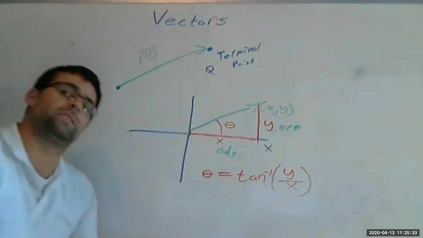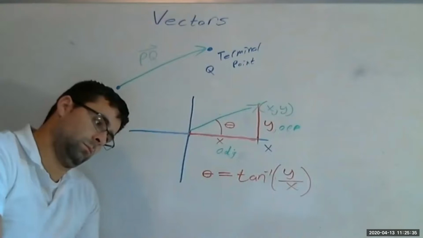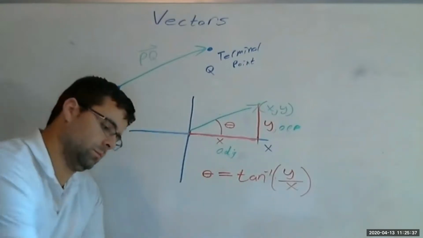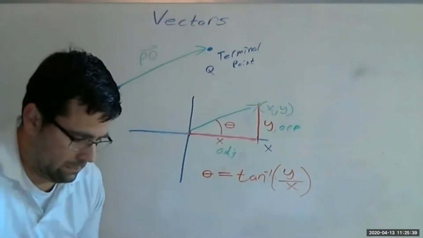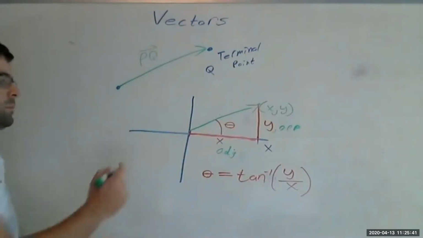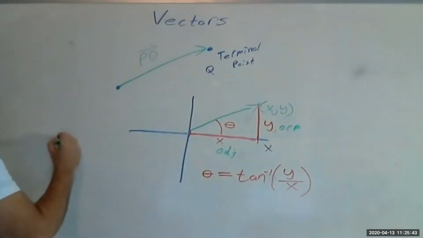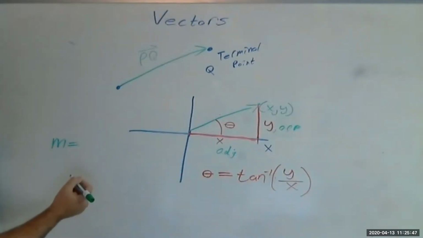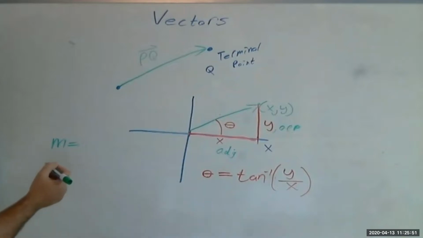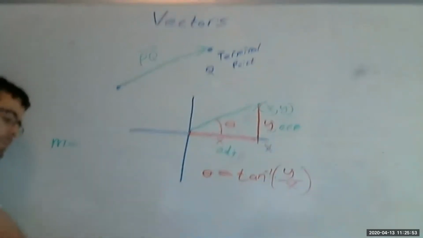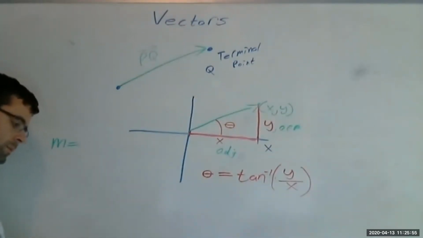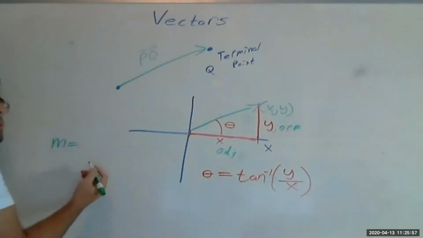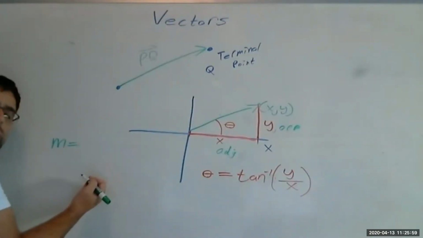How do you find the slope of something? It's the change in y over the change in x.